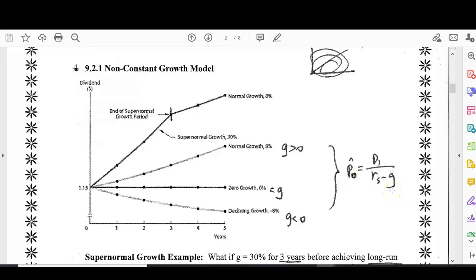It is also the capital gains yield. R minus G is the dividend yield, which equals D1 over P0. We can also get Rs from CAPM or from this model. We can also get G from the other three variables in this model. These are what we learned last class.